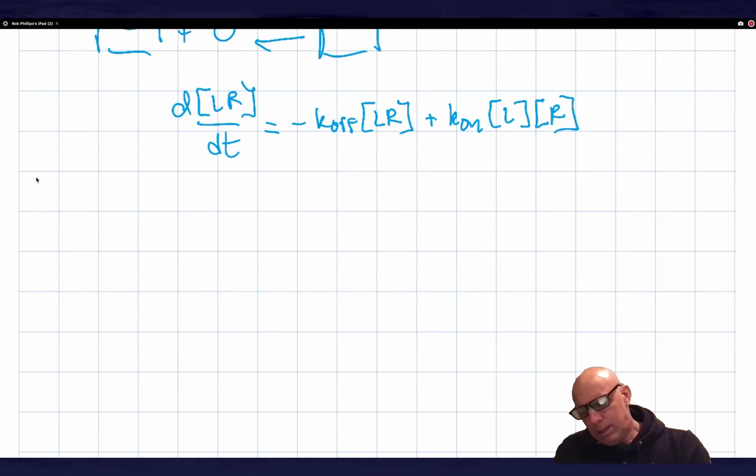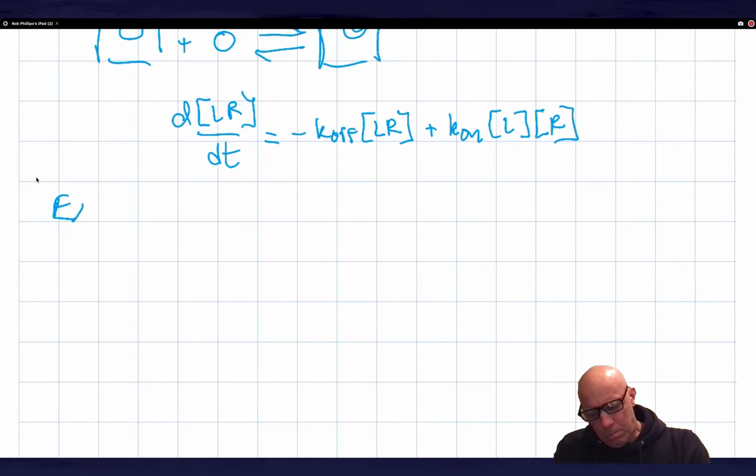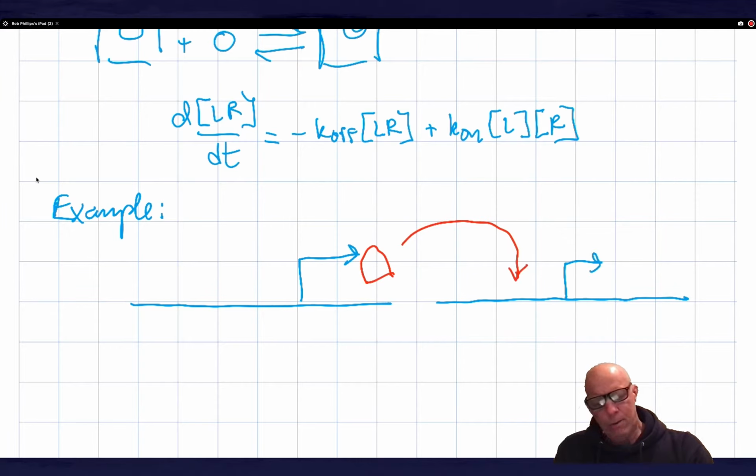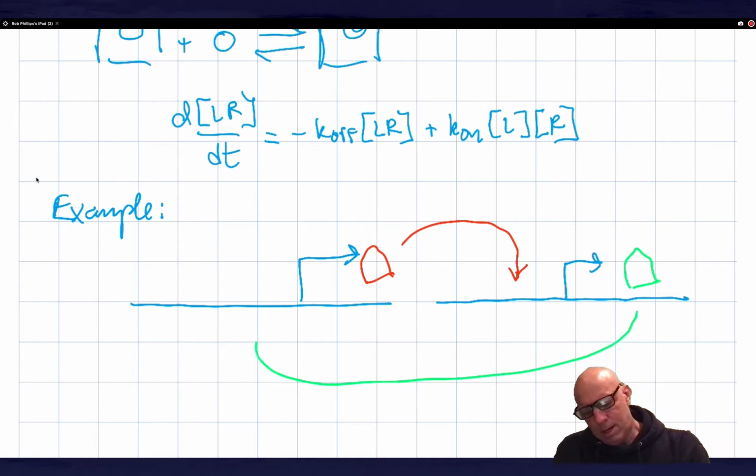And just to give you an example, I want to be able to do problems such as, here I have two genes, and this gene over here produces a red protein which binds over here and represses it, and this gene produces a protein that's green, and it binds over there and it represses it.